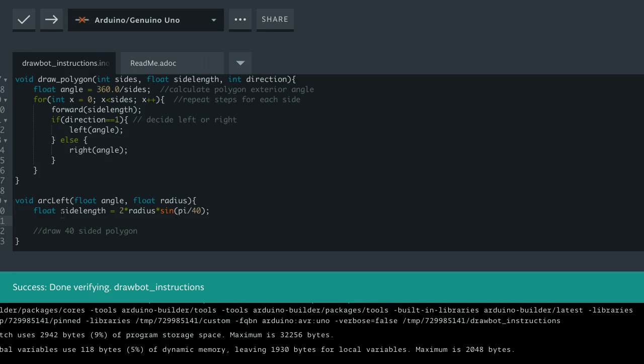If it would be like a 90-degree angle, we would do it only a quarter of the times, so 10 times. If it was a 180-degree circle or arc, then we would do it 20 times, so half of the 40 sides. And so that's what we have to figure out.